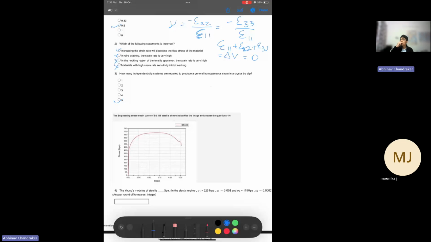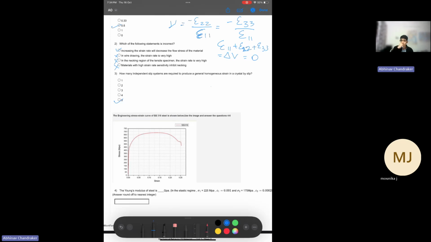You need slip in at least 5 directions to be able to accommodate any kind of strain. So if you have 5, then any kind of strain can be accommodated.